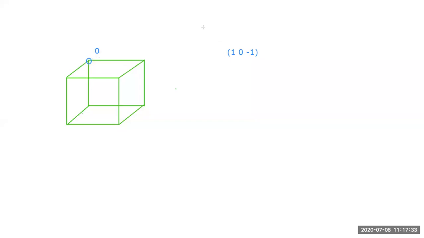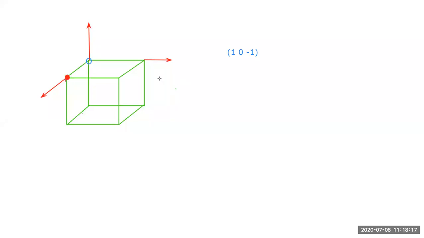So this is our x-axis, this is our y-axis, and this is our z-axis. So x is 1, so indicate the point. Here is the 1 point.